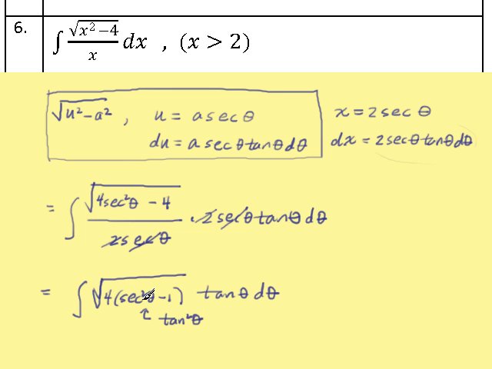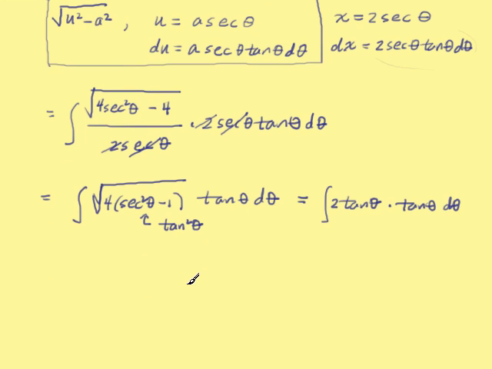So underneath the square root, we have 4 tan squared theta. Let's right away take the square root of 4 tan squared theta, and we get 2 tan theta. And then we have this tan theta d theta. All right, so we end up with, I'll bring the 2 outside, tan squared theta.